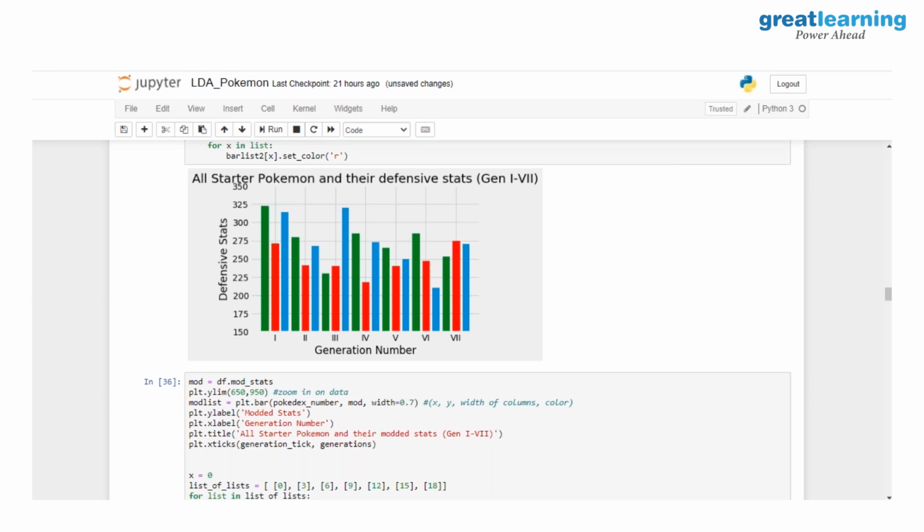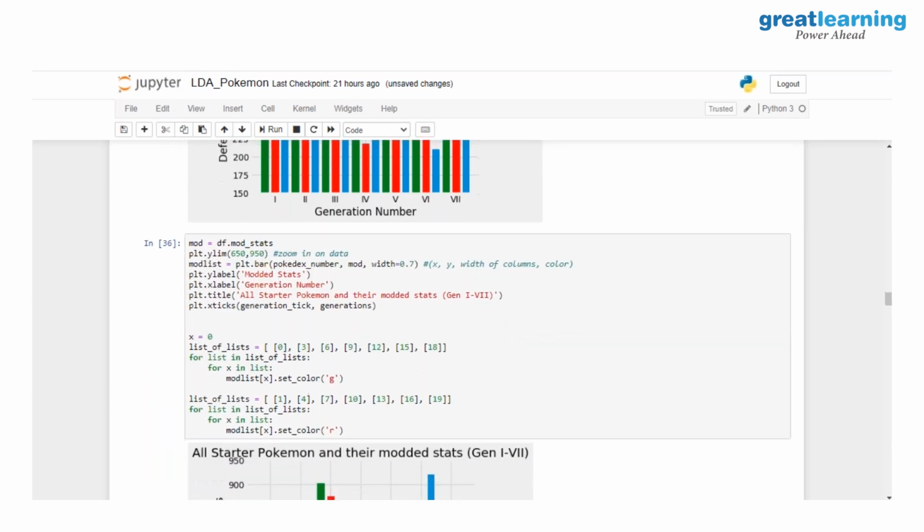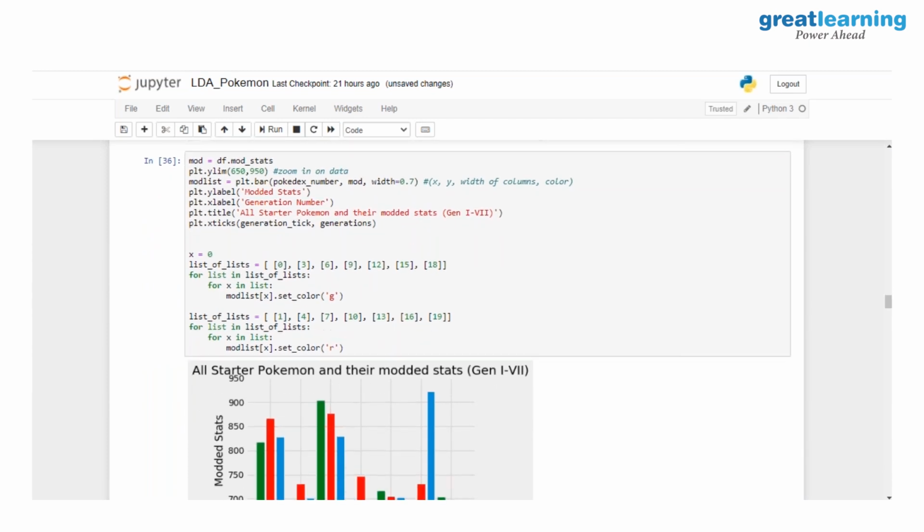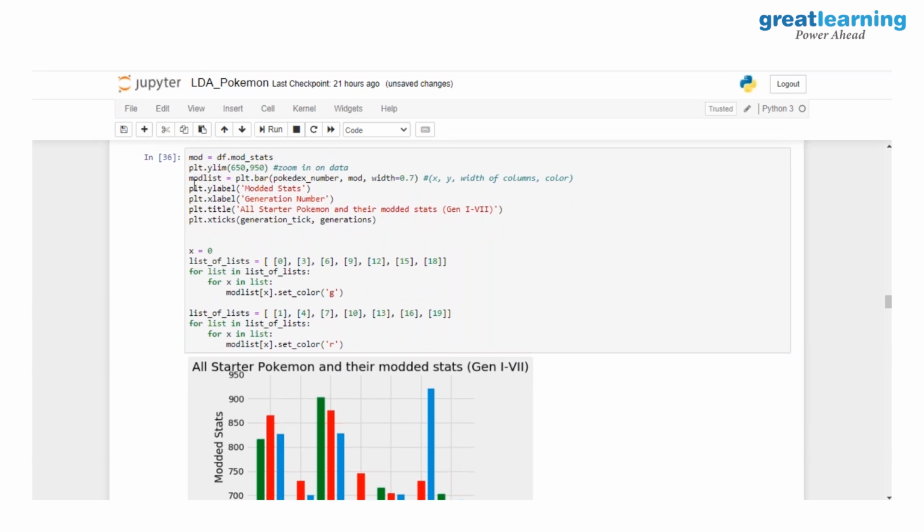So different generations had different base stats scores, which leads to differences in their defense stats and their offense stats, which was telling us that we would need these variables to understand their overall stats as well. So what we did was create the modular, a moderate stats, where we were trying to put everything together so we can average that out.